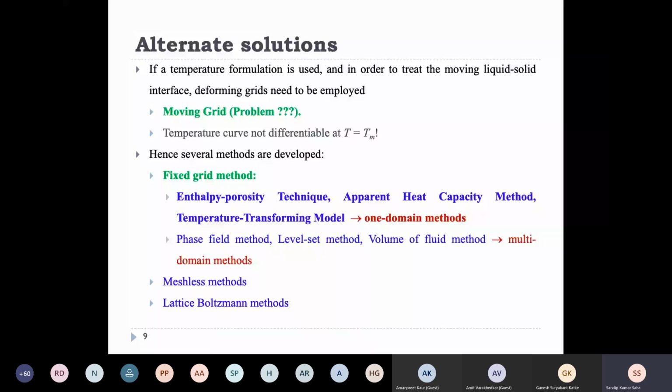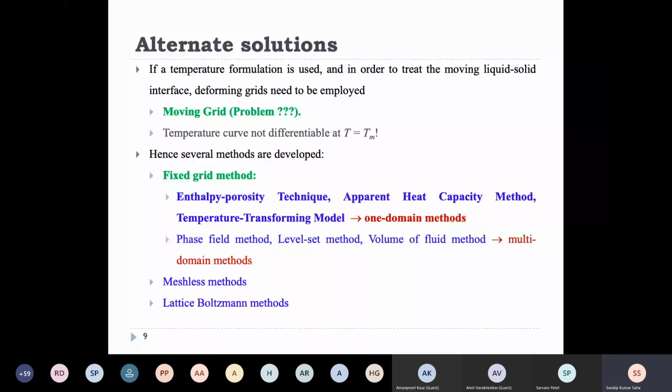Apart from the enthalpy porosity technique, the apparent heat capacity method and the temperature transformation model, there are other models like the phase field method, level set method, and volume of fluid method, where you use a multi-domain approach.